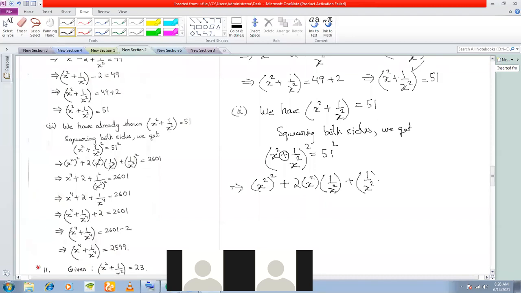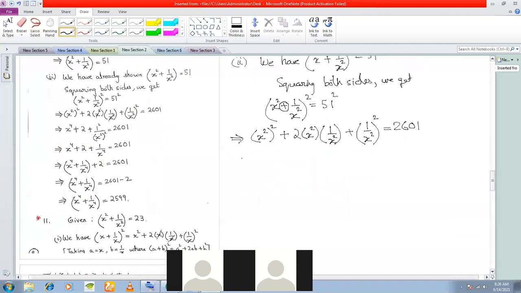Just like part 2 of the previous problem. And 51 square is 2601. This is x square squared, which is x to the power of 4, plus these two cancel, and this is 1 by x to the power of 4, is equal to 2601.